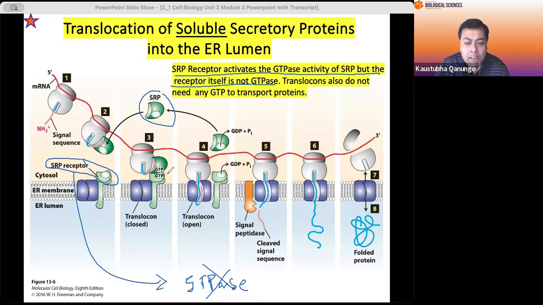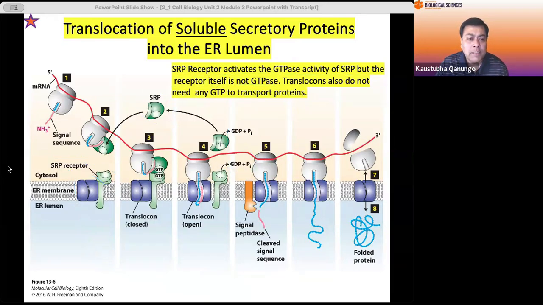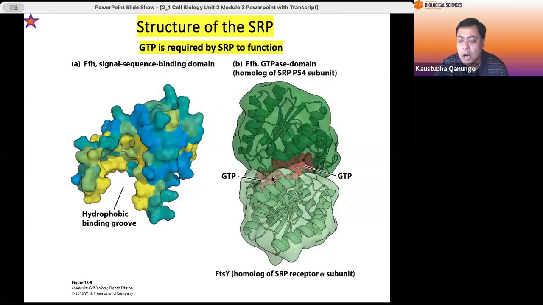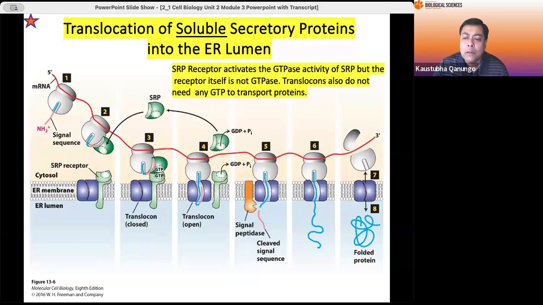And now once the GTP is hydrolyzed to GDP and Pi, see that right here, it looks like the SRP and the SRP receptor are doing that. But remember that both of these GTPs are part of the SRP. In this picture of the structure, there are these 2 GTPs sitting on the SRP receptor, and each will be hydrolyzed to GDP and Pi. And this structure essentially gets separated from the SRP receptor.